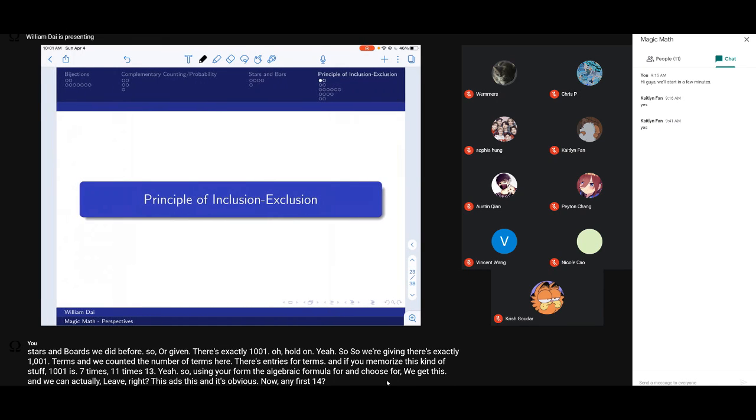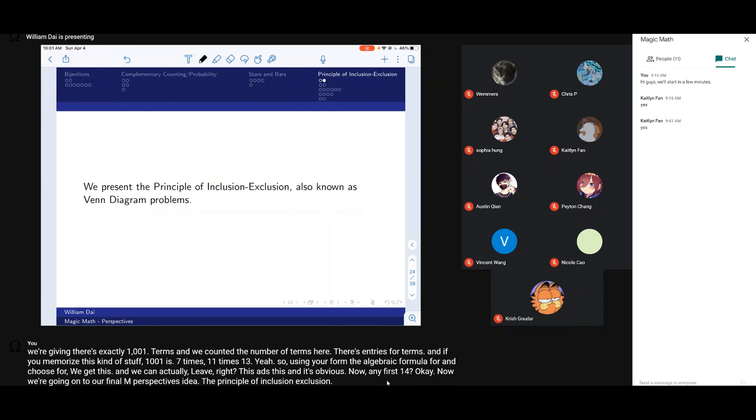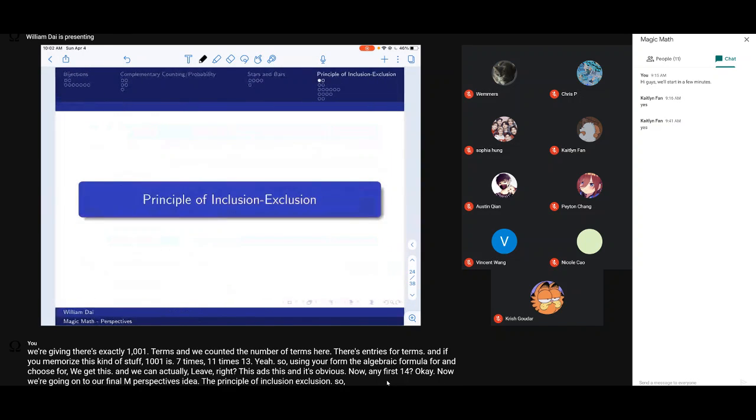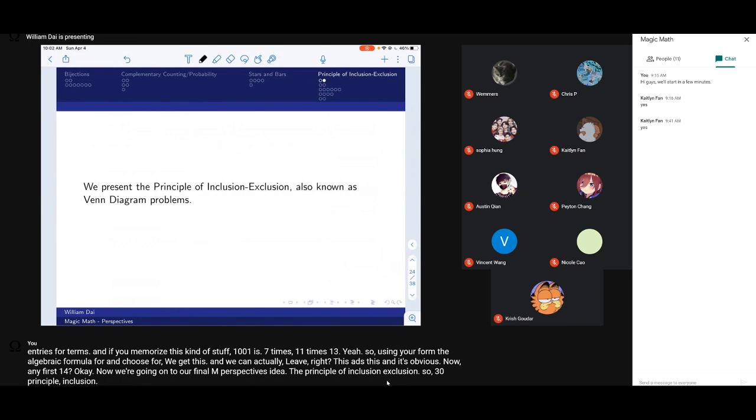Okay, now we're going on to our final perspectives idea, the principle of inclusion exclusion. The principle of inclusion exclusion is motivated by casework. Specifically, when we're doing casework, sometimes we can't always guarantee the cases don't have any overlap with each other.